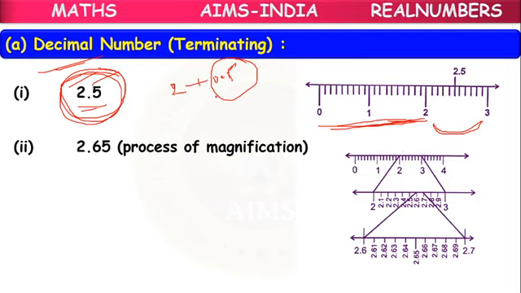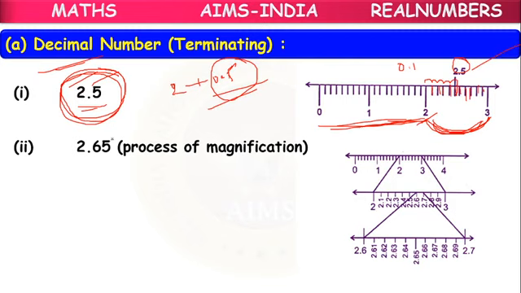While locating a decimal, we have to divide this unit part into 10 equal parts: 1, 2, 3, 4, 5, 6, 7, 8, 9, 10. Each part will be considered as 0.1, so 0.1, 0.2, 0.3, 0.4, 0.5. This fifth part after 2 is to be considered as 2.5.